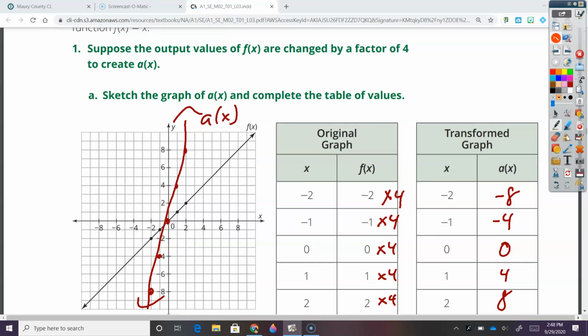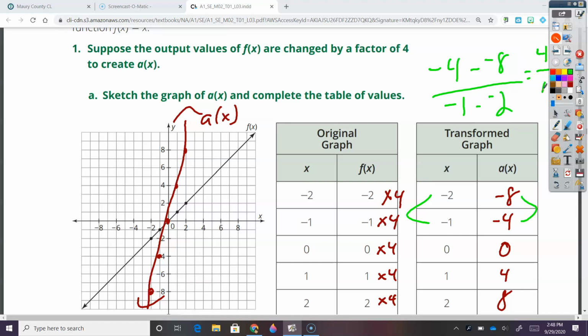For part B, it says identify the slope and the y-intercept of the function, then write the equation for a of x in general form. Well, my slope has changed. If you notice, it got steeper. And if I use the difference of -4 minus -8 over -1 minus -2, that gives me +4 over 1.